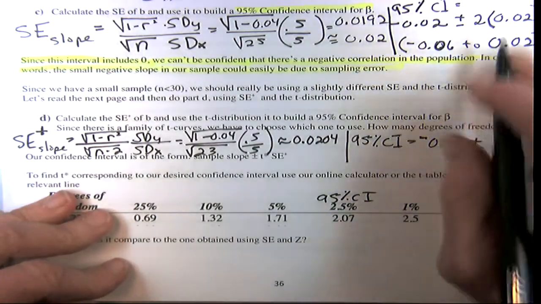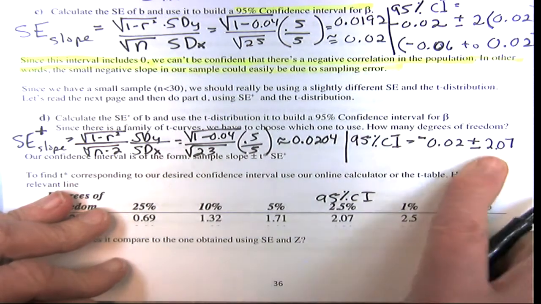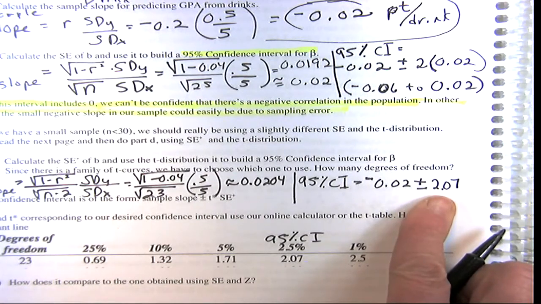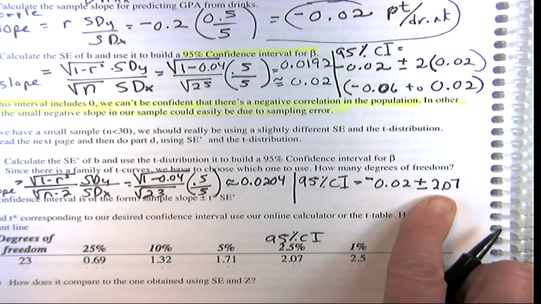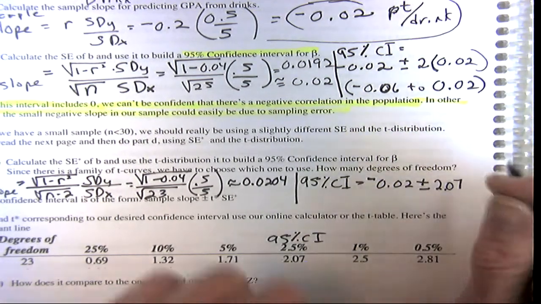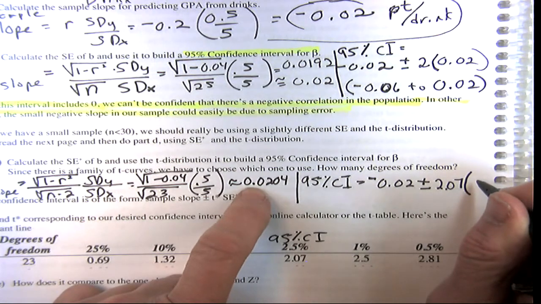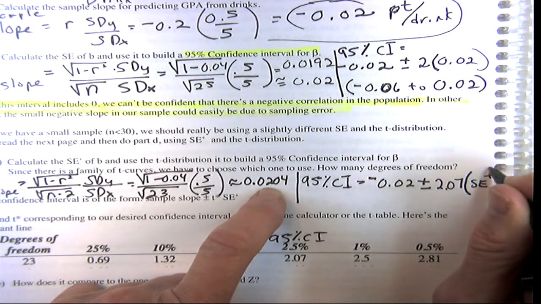And that, instead of the 2 or the 1.96, so we'll say 2.07. See, it's bigger. It's always going to be a bigger critical value. We have to go further out on the tail, on each tail, further out on the curve to get the same 95% in the middle, because it's shorter in the middle and wider in the tails. So we're going to say 2.07 times our new standard error, plus. I'll just write standard error plus, because we don't have room.